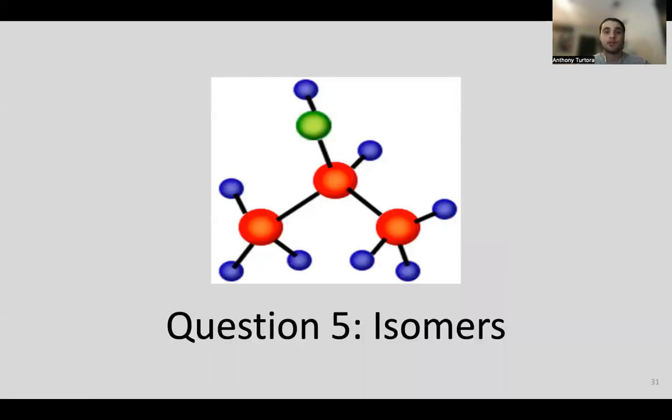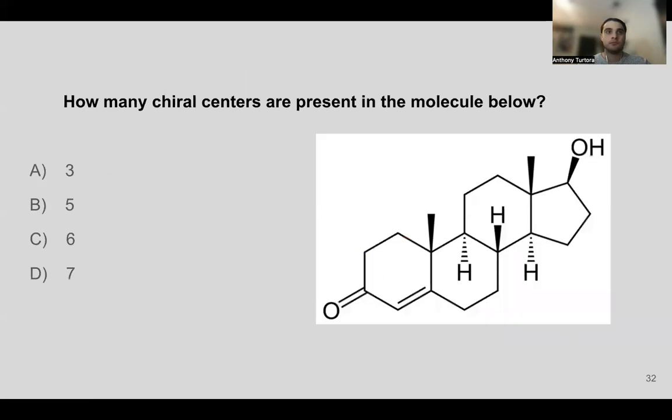All right, so question number 5, this is about isomers. So take about 1 minute, maybe a little bit more on this question. All right, so this question states how many chiral centers are present in the molecule below.